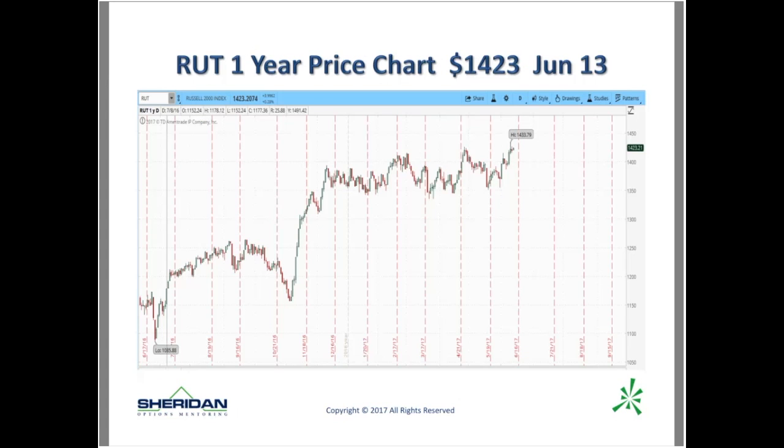And then the last trade, we'll pick one in RUT. You can see RUT is a little cheaper than the SPX. This is 14.23 today. Obviously, very similar story to SPX, except a pretty good range here most of the year, hasn't it been? I mean, RUT's been in a range of 13.